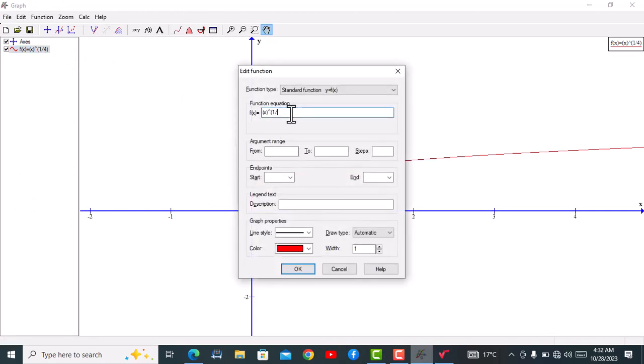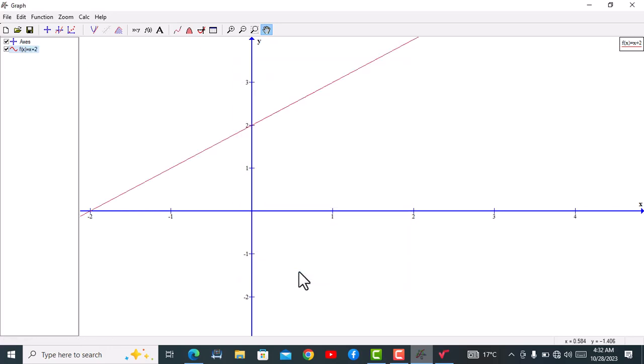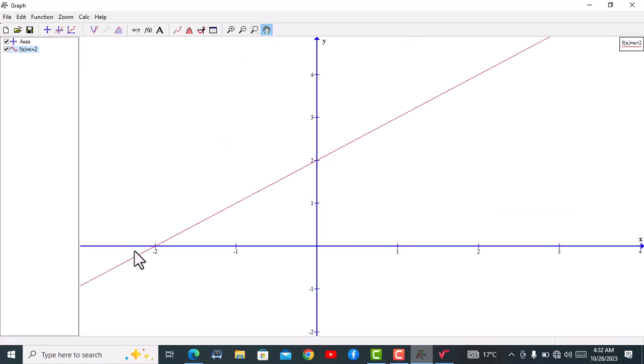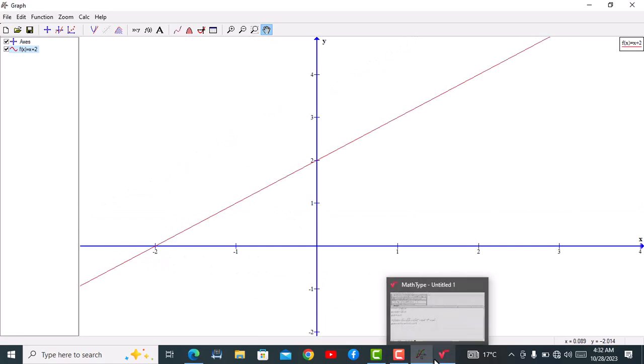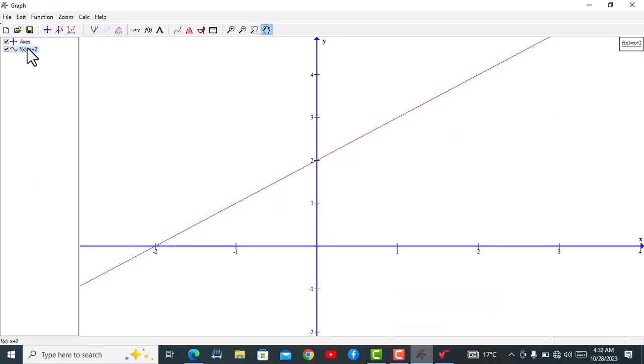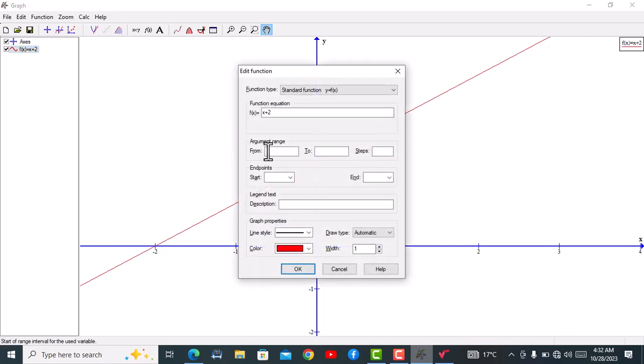And I can draw that graph. I can have the function of x plus 2. And what is the domain? Negative infinity to positive infinity. But I can specify the interval also.